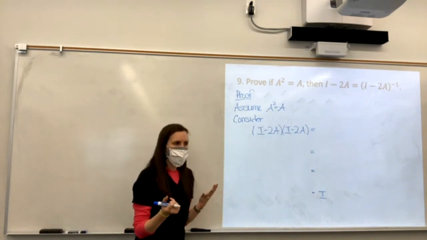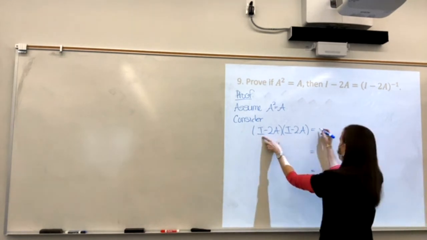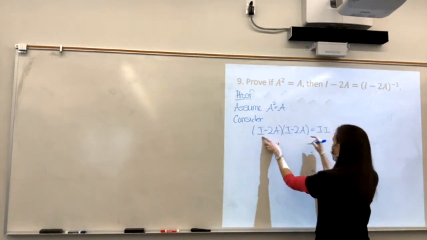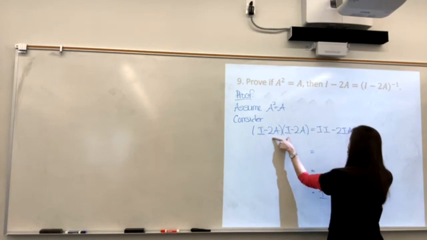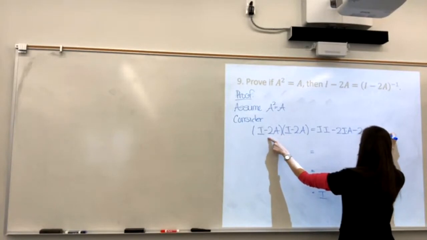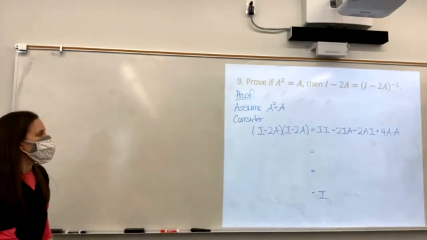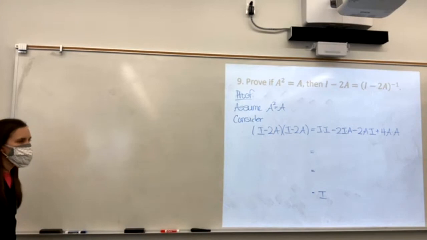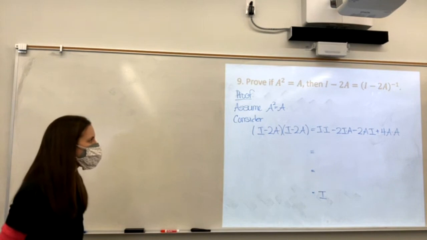Okay, so let's see what happens. It's sort of like foiling. I know I'm not supposed to say the word foil, but we're going to multiply these pieces out. So I'll just do it slow. I have I times I, and then minus 2 times I times A, and then minus 2 times A times I, and then plus 4 times A times A. Think of it as multiplying all those little pieces out.